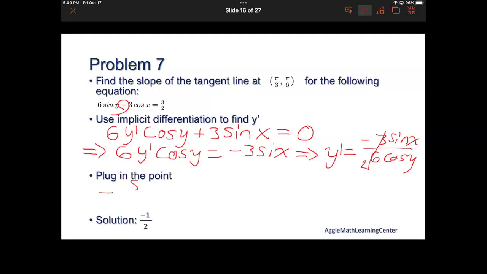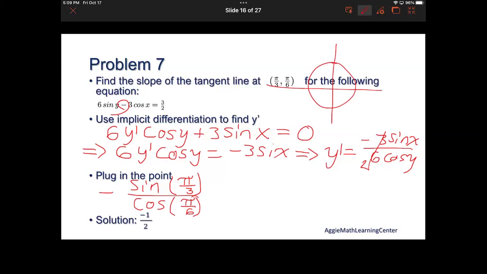So now it wants us to plug in the point. So we have negative sine, and then we're plugging in pi thirds here on the top. And then on the denominator, we get cosine of pi sixths. And what I like to do for this is I like to look at the unit circle. So we're looking at pi thirds.